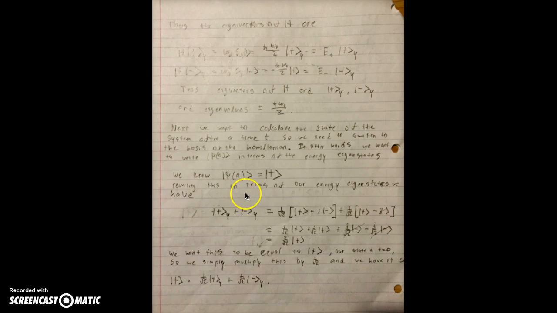so we go through, we want to figure out how to rewrite this. So here I add our spin up and spin down on the y-axis kets, and I find that they're equal to 2 over root 2 times spin up on the z-axis.